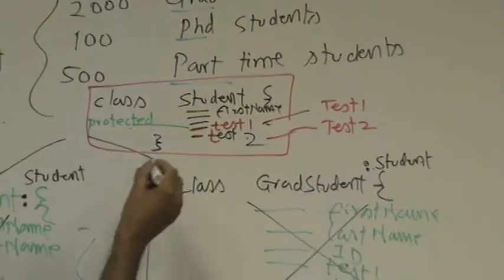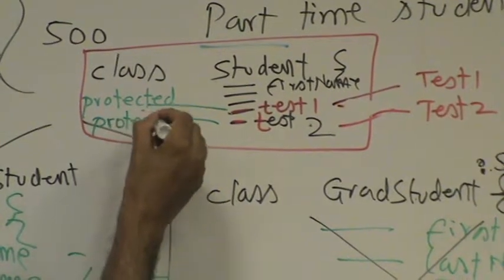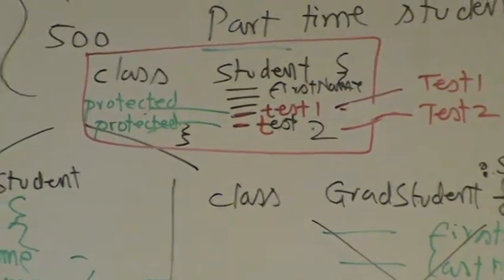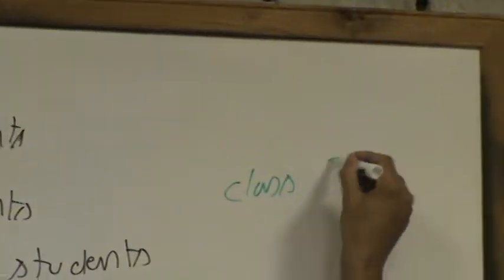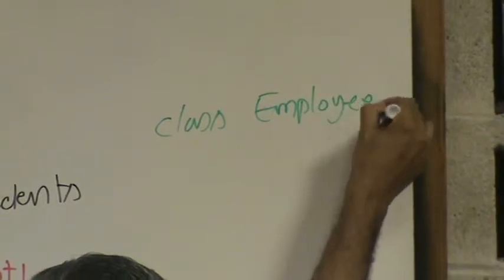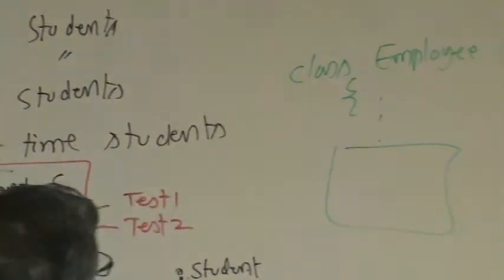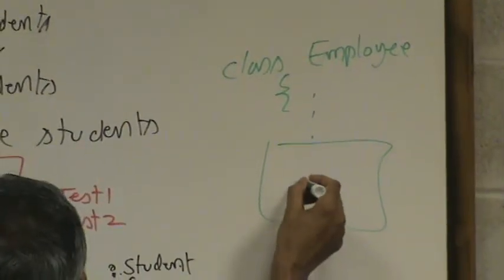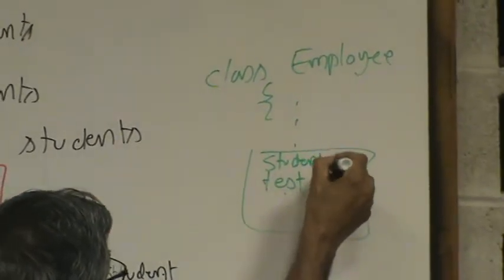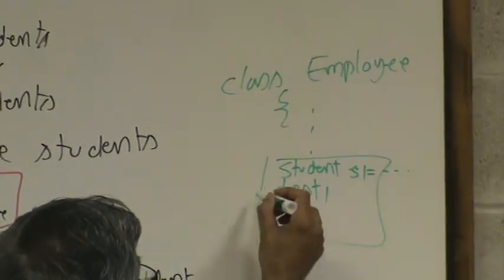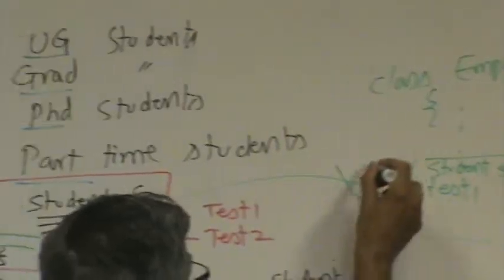So just like C++, Java, there's a protected keyword over here. So protected is like private, meaning if there was some class, let's say employee, which has no relationship with the student class, and we wrote a method over here, and we try to access the test1 by creating a student object, let's say student s1, and we try to do s1.test1, okay, so this will be denied access.